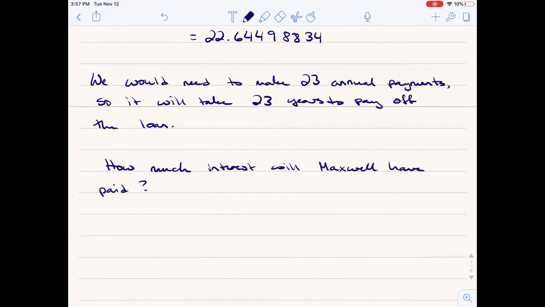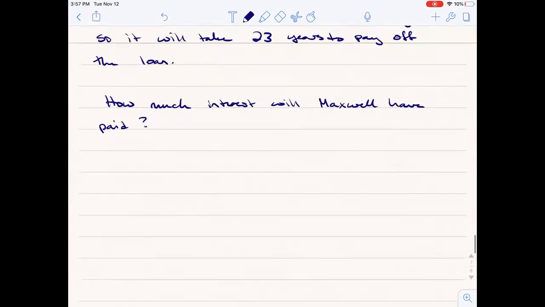Okay, so he's making 23 payments of 3,500. So he pays 23 times 3,500. So it's costing him $80,000 or $80,500.